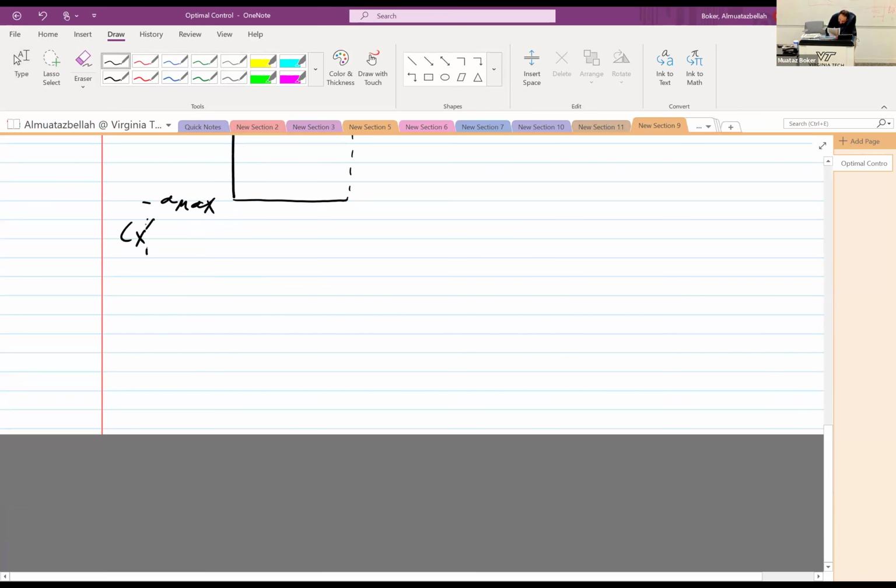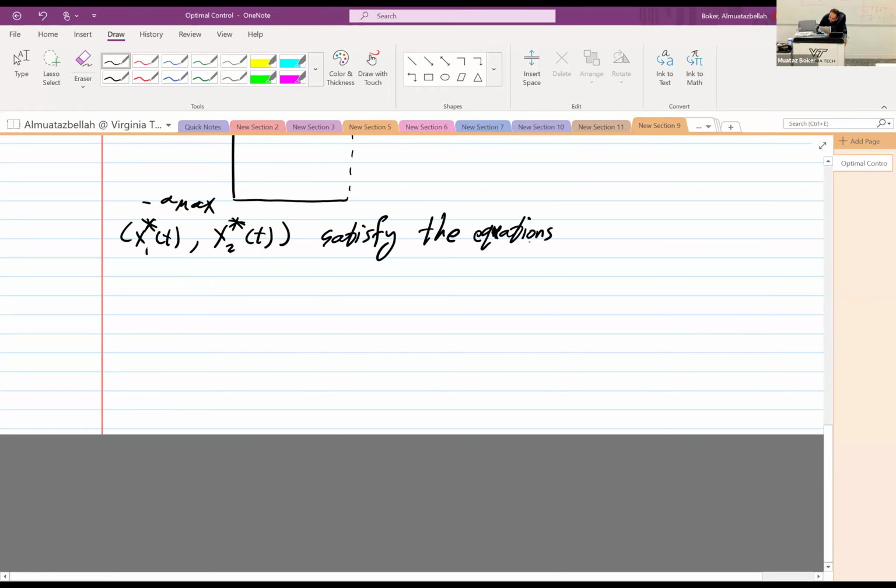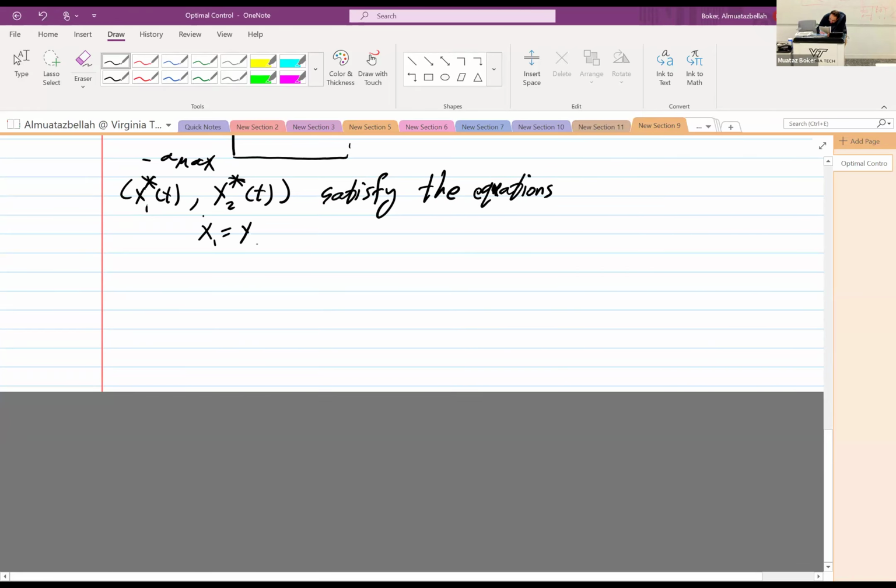So x1 star of t and x2 star of t satisfy the equations x1 dot is equal to x2 and x2 dot is equal to plus or minus A max.